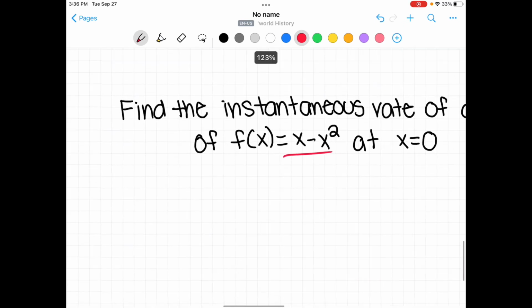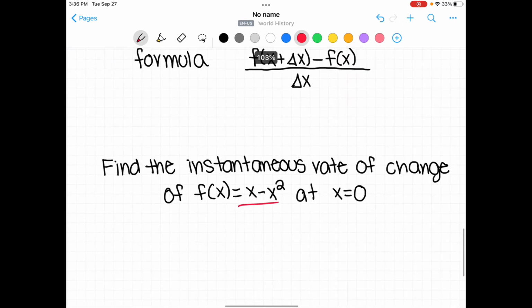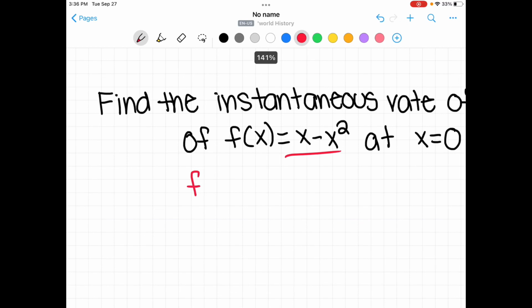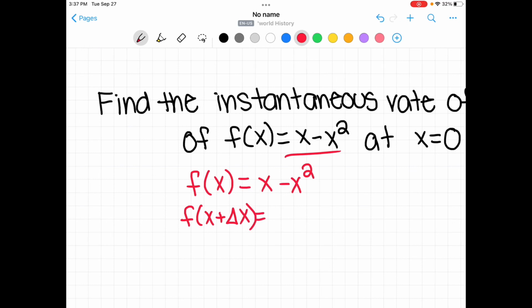Now we're going to identify our variables, or our equation. So f of x is going to equal x minus x squared, and f of x plus delta x is going to equal, we're just going to substitute in x plus delta x for every x on here, and it's going to make more sense in a second.